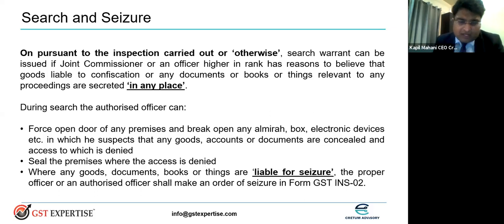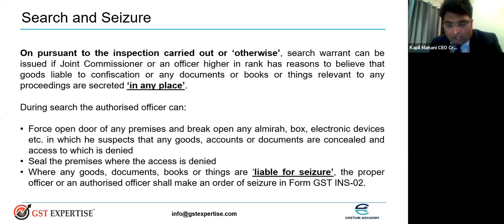So it is very important that whenever, in any case of your client or your personal case, the department has come to inspect or an inspection is being carried out, you should cooperate in a very healthy manner, and you can even call your professional at that point of time, so that things can be managed legally, on merits, and with a mutual understanding with the officers about what exactly they are trying to do.